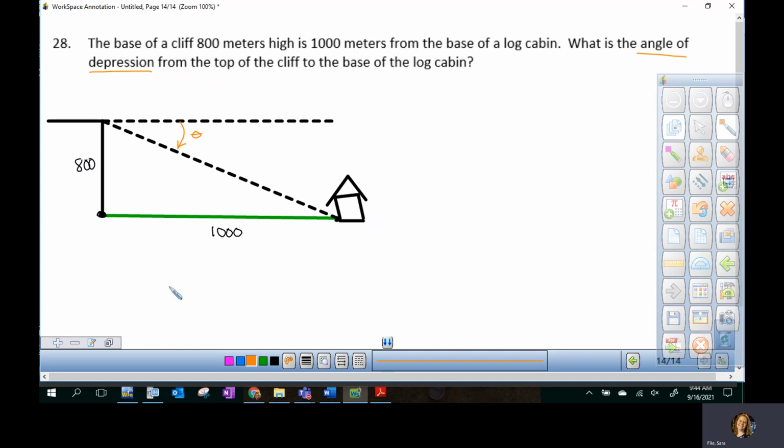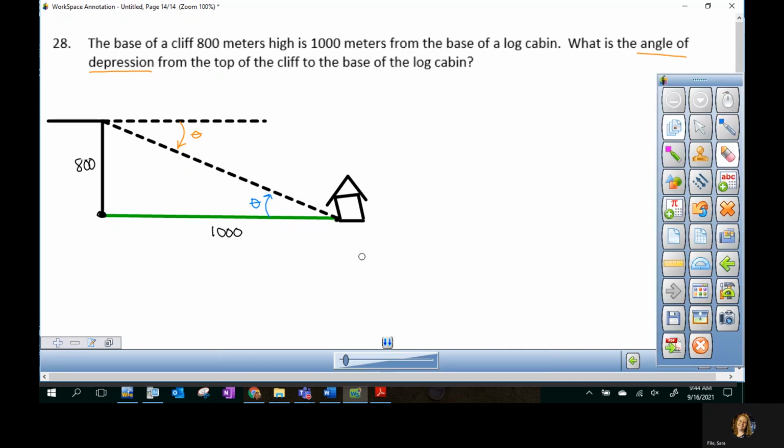What did we talk about with angle of depression and angle of elevation? We said the angle of depression and the angle of elevation are the same, they're congruent. So in the triangle, it's this angle we're looking for, right?